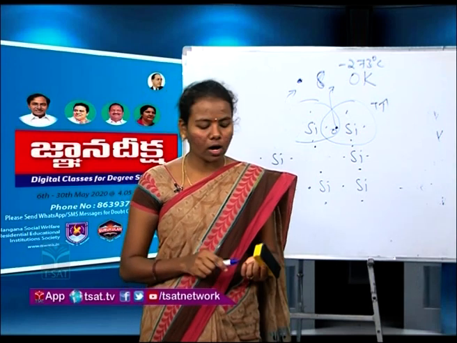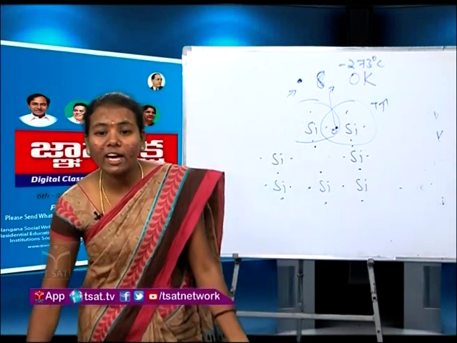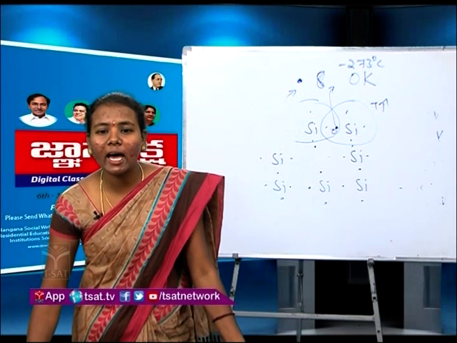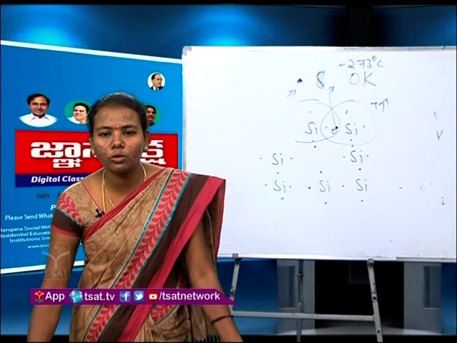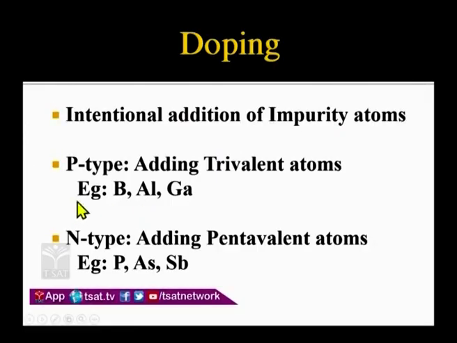These are all trivalent atoms. They are 13th group elements, so they have only 3 valency. If you add these types of elements to the pure semiconductor, then we call that semiconductor a p-type semiconductor.